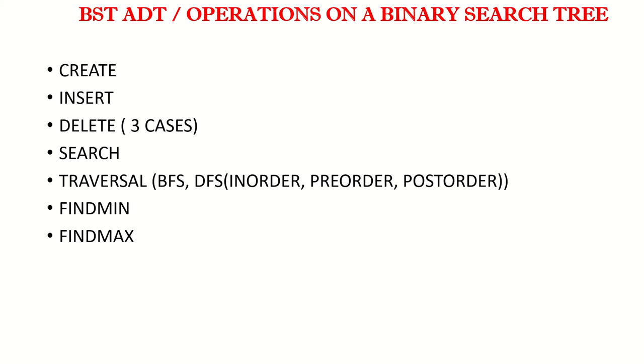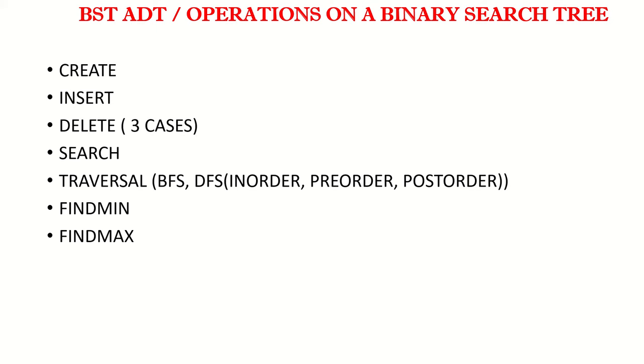Similarly, when you want to delete a node, three cases are possible. One, deleting a node which is at the leaf level. Second, deleting a node with one child. And the third case is deleting any internal node that has two children.